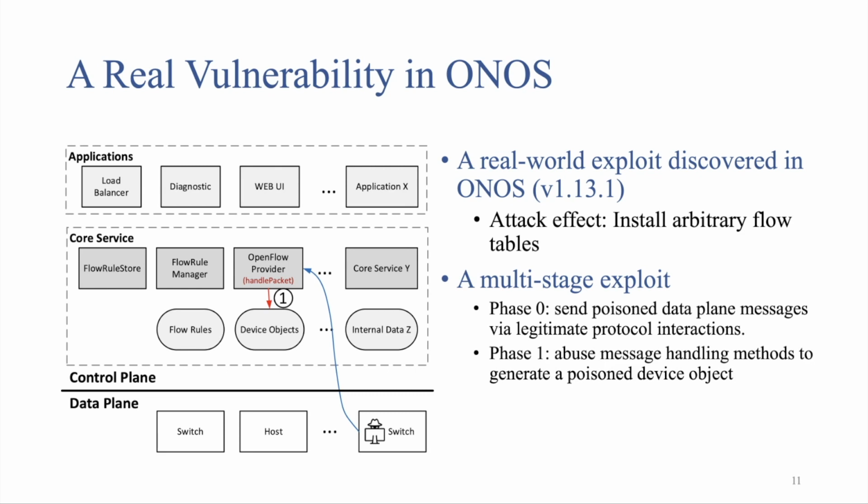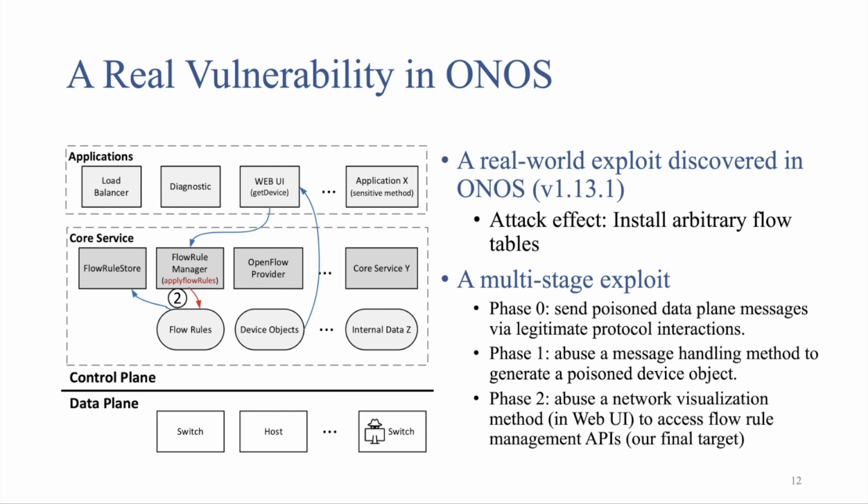Then, in phase 1, the malicious protocol field is passed to the handle packet method and generates a poisoned device object. In phase 2, a sensitive method named getDevice in the web UI application will be abused by this poisoned state.